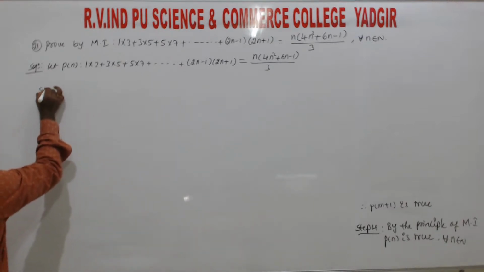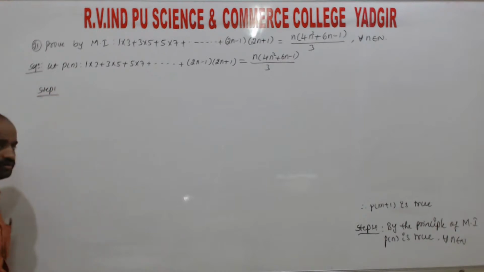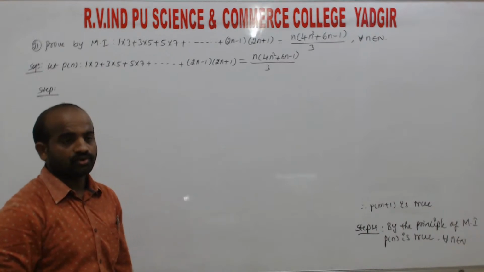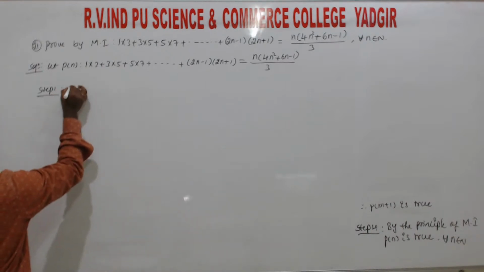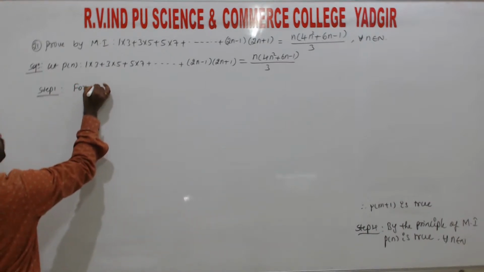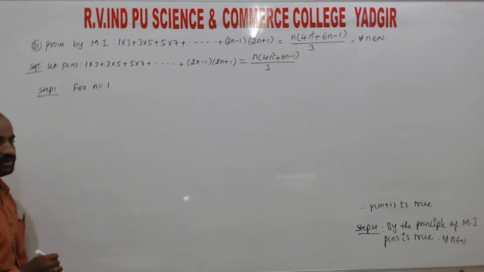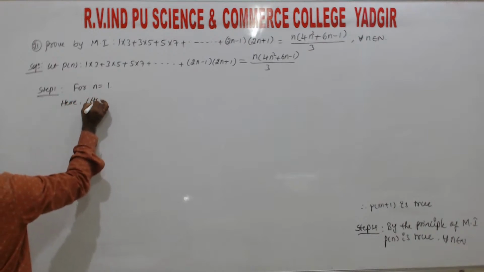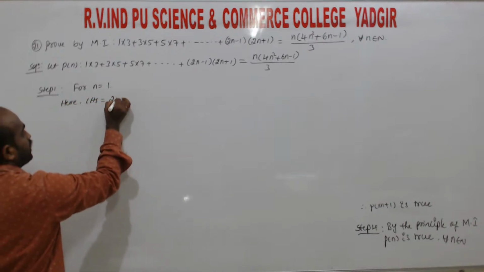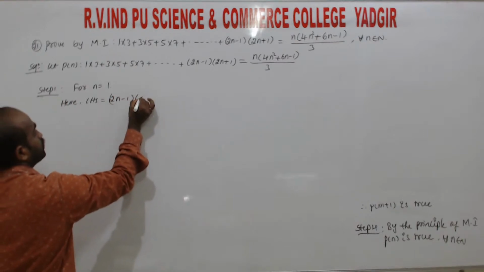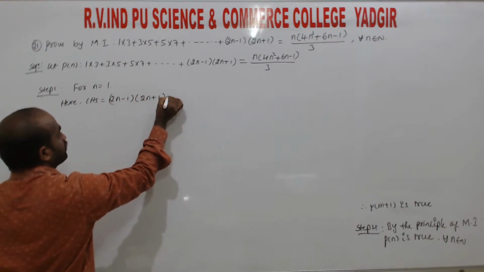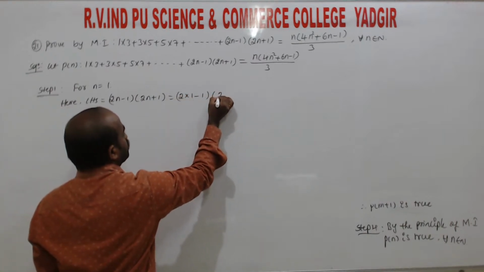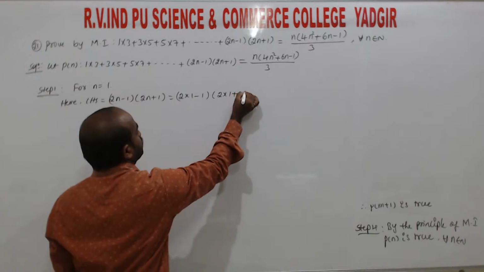Step 1. Verify that the statement P of n is true for n equal to 1. Here LHS is 2n minus 1 into 2n plus 1: 2 into 1 minus 1, 2 into 1 plus 1.